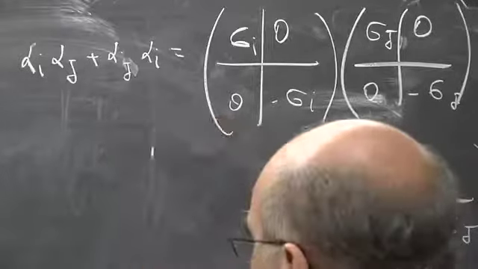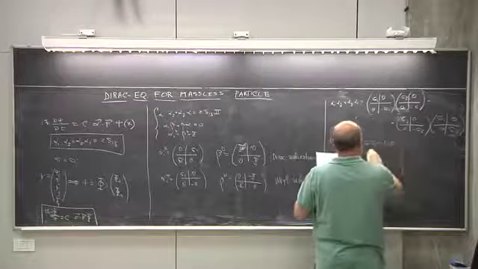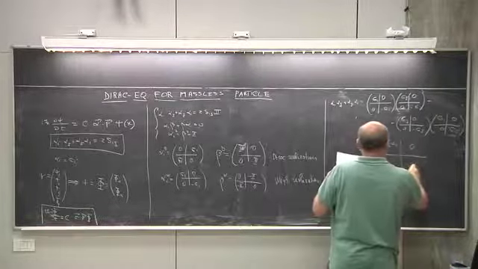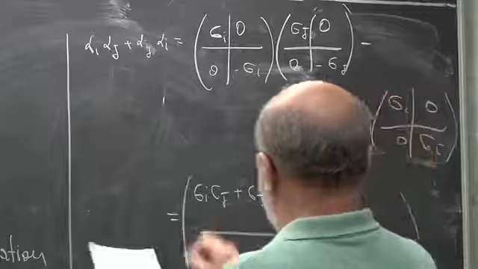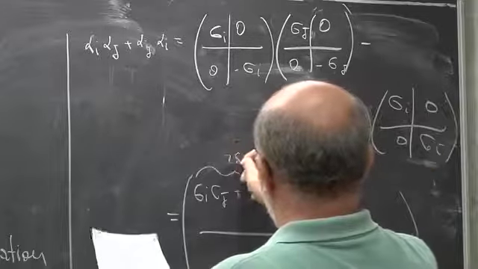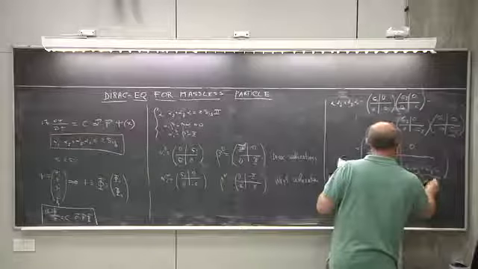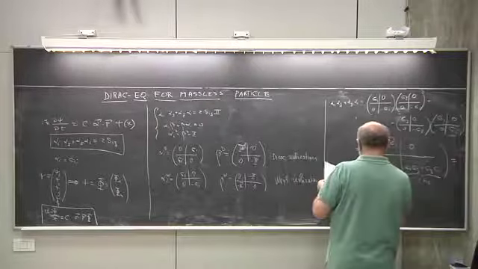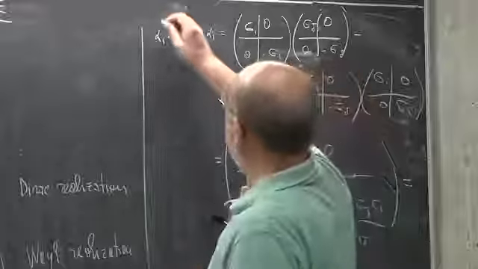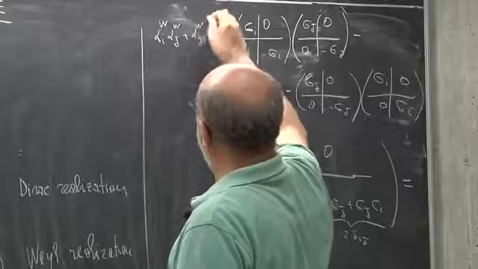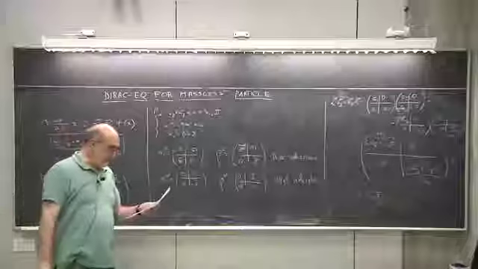And if you do this, you get sigma i sigma j plus sigma j sigma i, 0, 0, sigma i sigma j plus sigma j sigma i. And this is nothing else than 2 delta ij, and this is 2 delta ij. And so this is nothing else than 2 delta ij times I. So the Weyl realization of the alpha satisfies this relation, and it's easy to see that it satisfies the other also, okay?